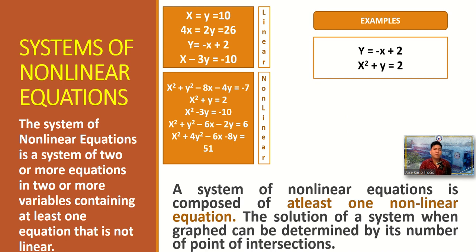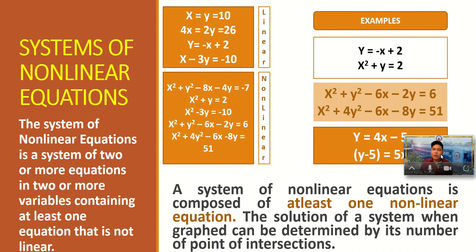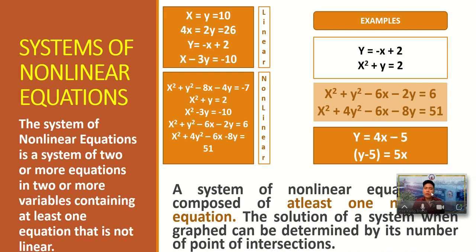Example number 1. This is a linear equation, and the other one is a quadratic equation. The other one could be both nonlinear, and the other one is more on linear. So in example number 1, is this a system of nonlinear equations or not?